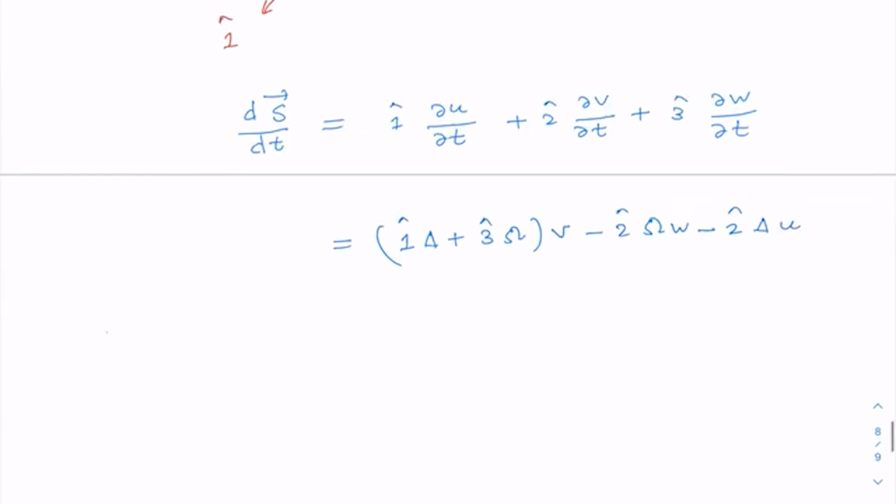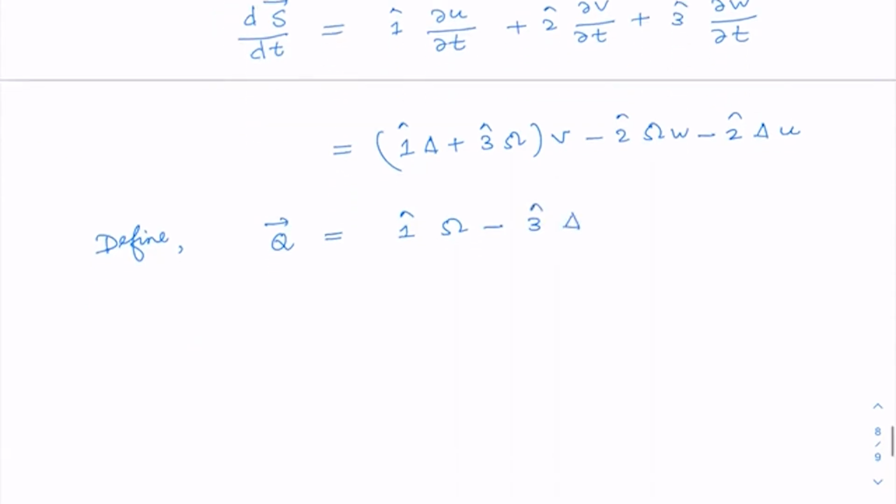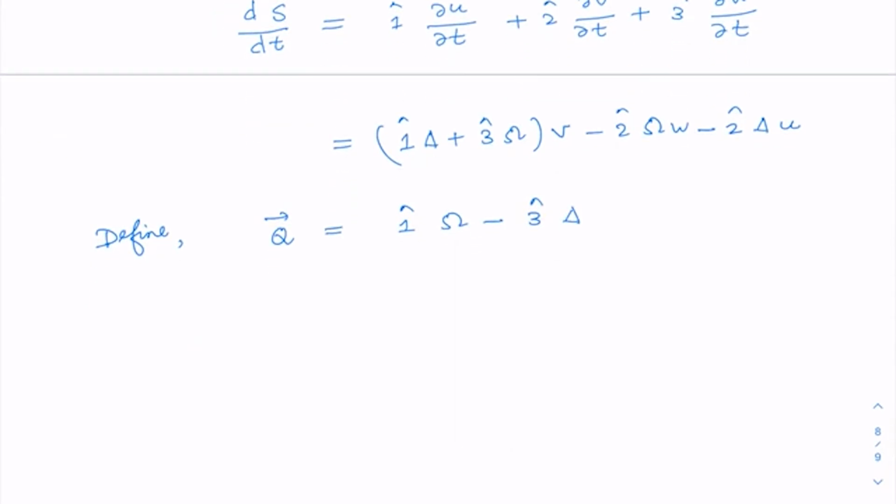Now let me define a vector, say q, as this, say 1 cap omega minus 3 cap delta. And if I define it, actually I can show that q cross s, the cross product of these two vectors, if you work it out, then what you are going to get is this.